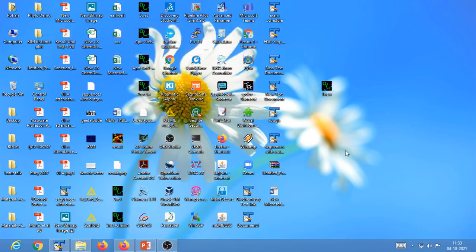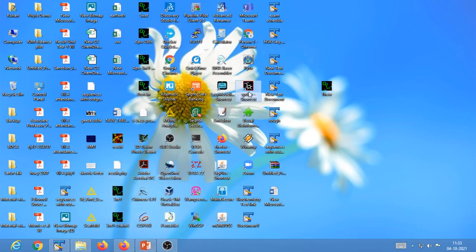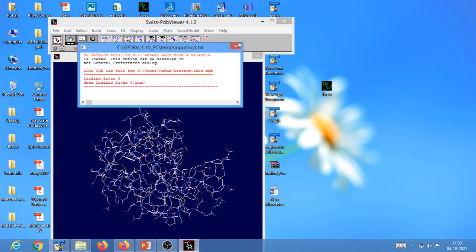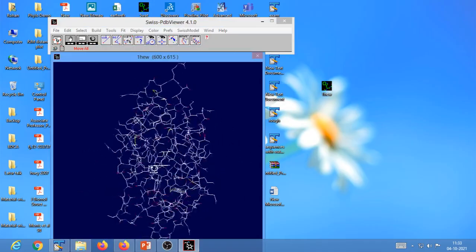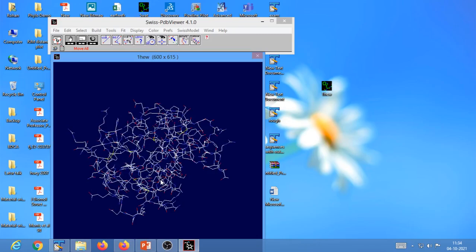We would use this SPDBV in a more extensive way in our upcoming practicals. But the main objective of today's practical is not visualization, but to understand how data is arranged in your PDB file. For example, you can visualize any of your molecules just by dragging and dropping it into your SPDBV, and it generates a beautiful three-dimensional model. But this is not what we want to do today.